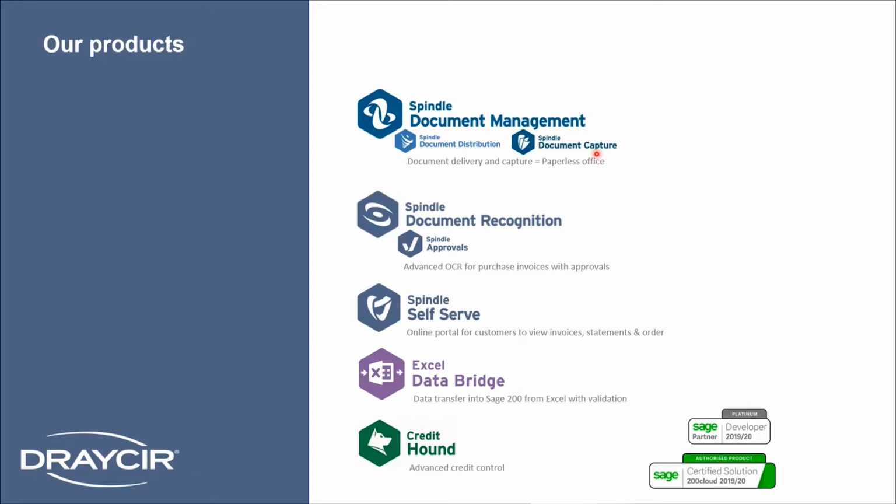Together we're trying to help companies and organizations create a paperless office. We also take that a step further with our Spindle document recognition module. This is for all your purchase invoices that get emailed in or scanned in. We have OCR software that will scrape the data, and if you want, automatically post it and archive it against the purchase order if there is one.